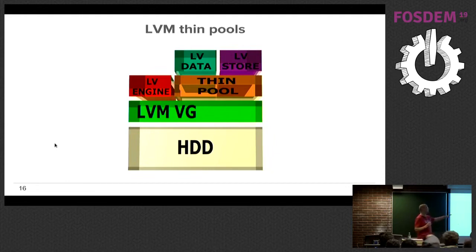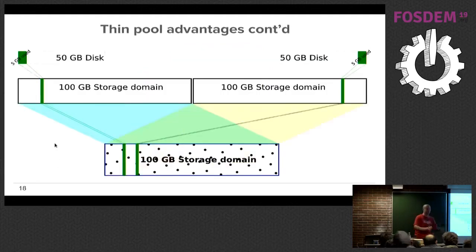We create an LVM volume group on it. We create a pre-allocated volume for the engine. And we create a thin pool for two more bricks, or two more storage domains, sharing the same thin pool. And they have the same size. So now you pretend you have, say, 200 gigabytes of available storage domain space from just a 100 gigabyte drive.